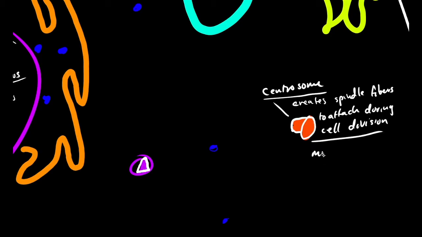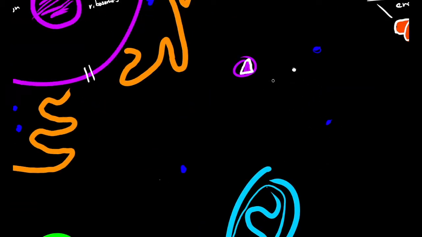Cell division is commonly known in two main ways, mitosis and meiosis. And they're very complex processes that deserve a video of their own. But overall, the main function of a centrosome is to just create these spindle fibers, and it's nothing too special, really.